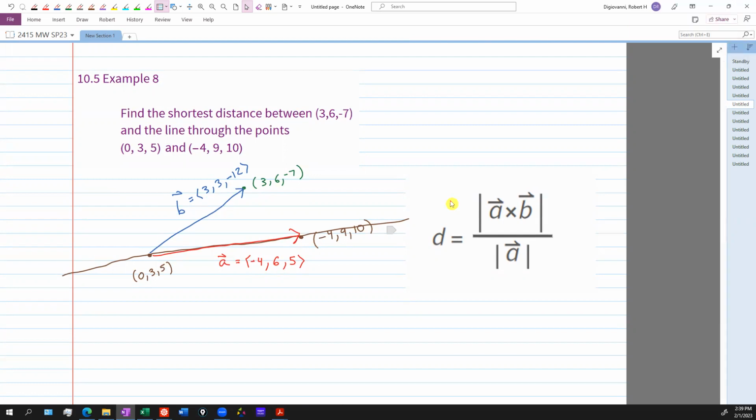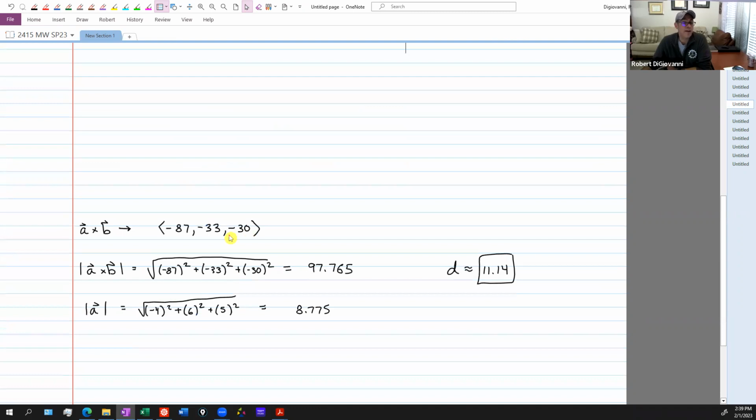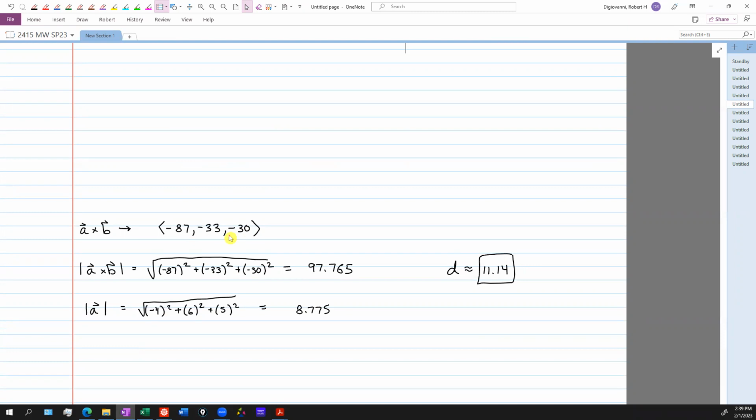So I scaled the vector A cross B, I scaled it by 3. What do you mean, you scaled the vector? Like A cross B is -87, -33, -30. Okay, okay. You can't scale it. Why? Well, because this is not a normal vector to a plane where it doesn't matter.